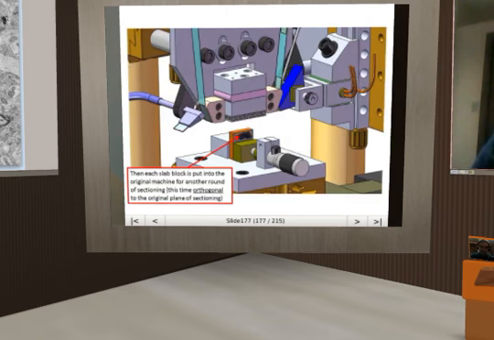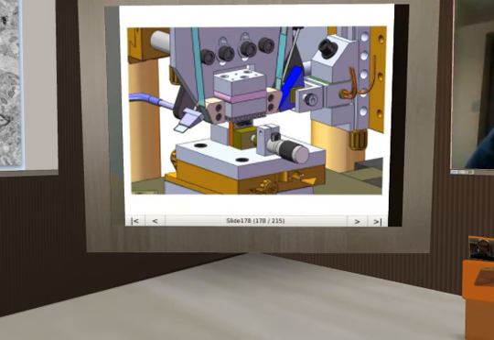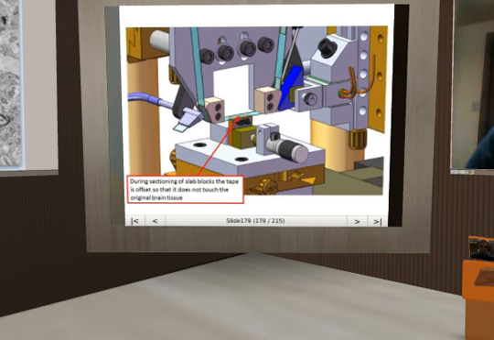Then each slab block is put into the original machine, and this is a crucial point here. Each of these slab blocks, 500 of them, are put into the original machine for another round of sectioning, this time orthogonal to the original. During sectioning of these slab blocks, the tape is offset so that it does not touch the original brain tissue.